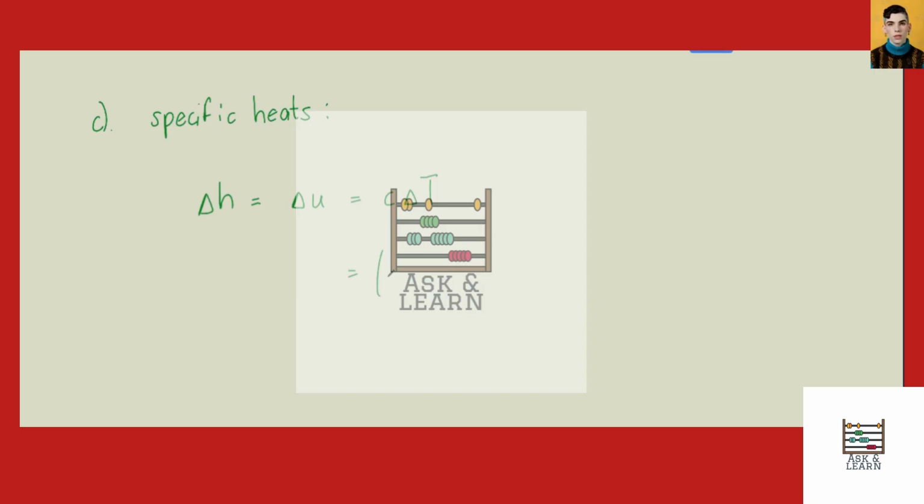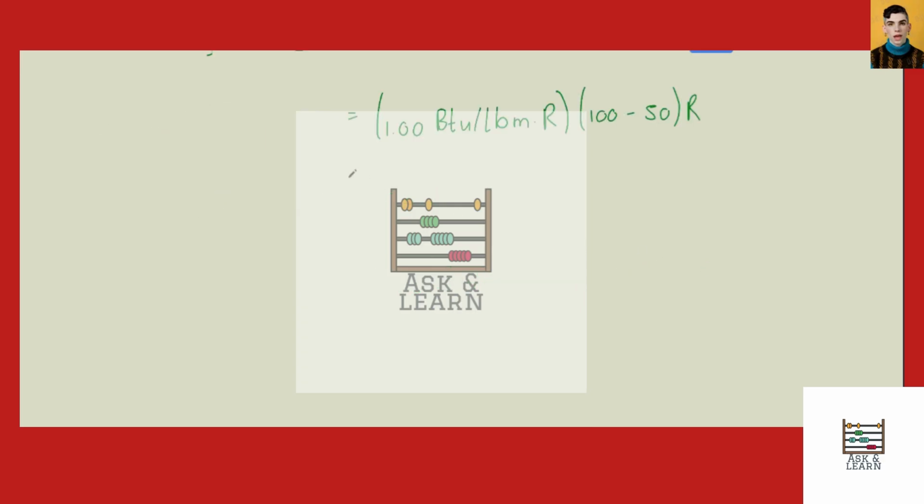So C for water, we said, is 1 BTU per pound R, and the change in temperature delta T is 100 minus 50 R. So what we are left with is the change in enthalpy, which is the same as the change in internal energy, is 50 BTU per pound.